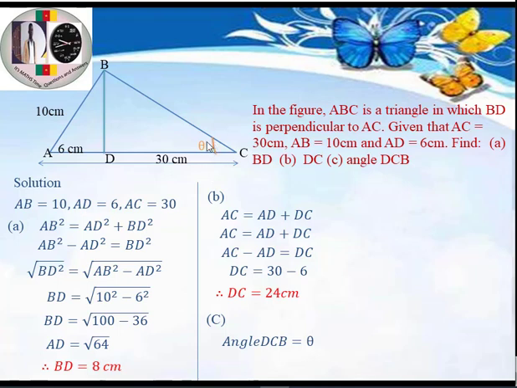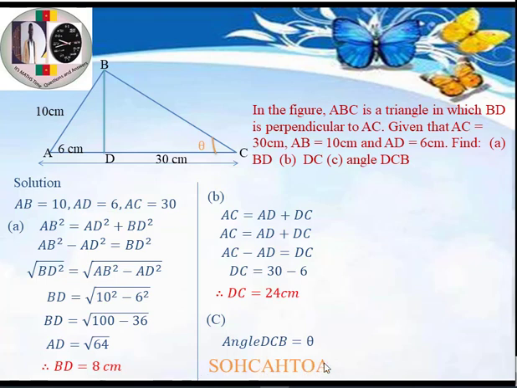Okay, if we call it theta, then from SOHCAHTOA, the sine of any angle is the opposite side to that angle divided by the hypotenuse. The cosine of any angle is the adjacent to that angle divided by the hypotenuse, and the tangent of any angle is the opposite of that angle divided by the adjacent.